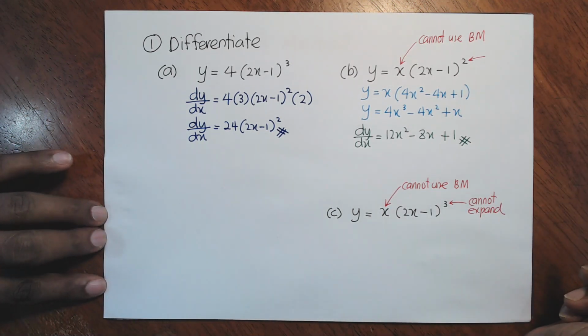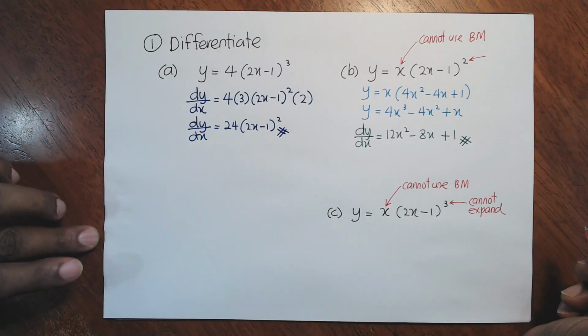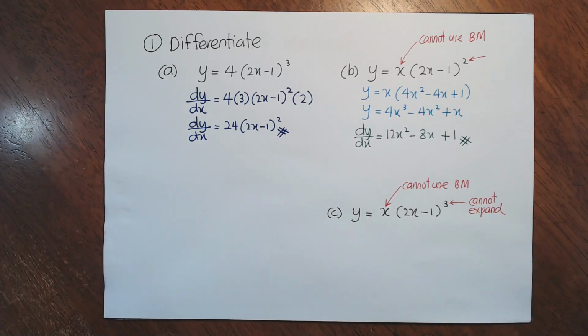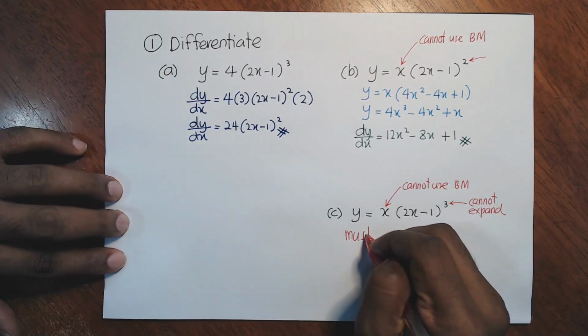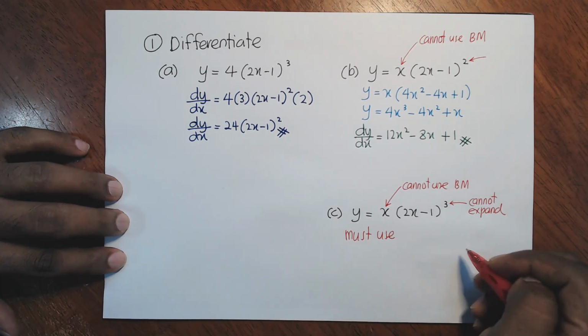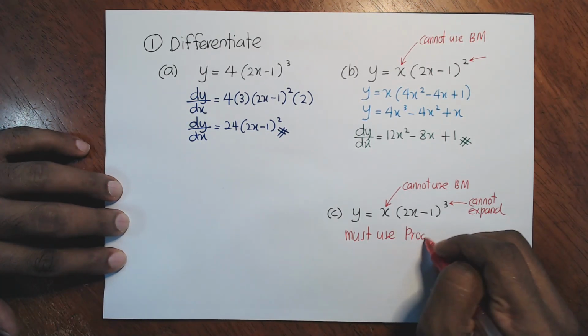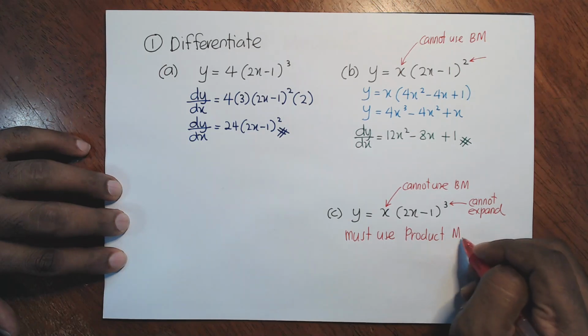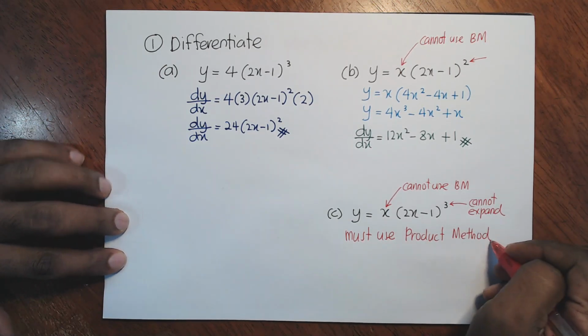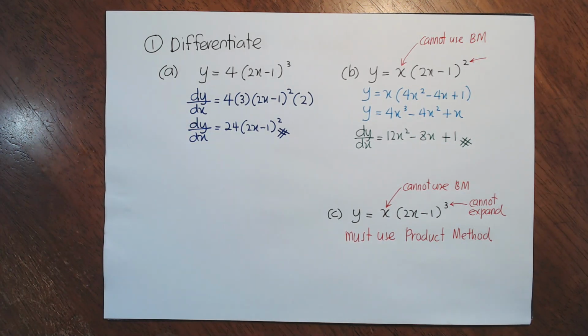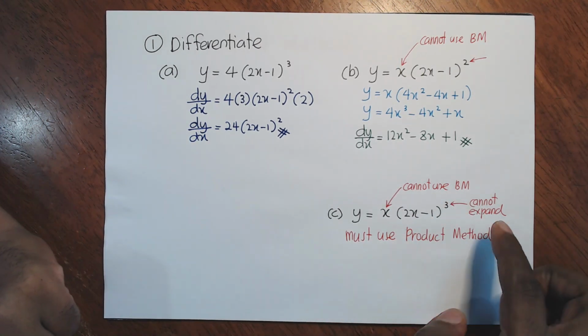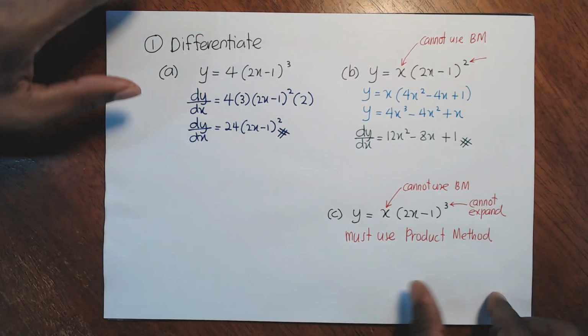So we cannot use the bracket method and we cannot expand. Then what are we going to do here, guys? We have to use a new method, which we call the product method, also known as kaedah hasil darab, right? It is the only method that we can use to do questions that we cannot use the bracket method for and cannot expand like this.